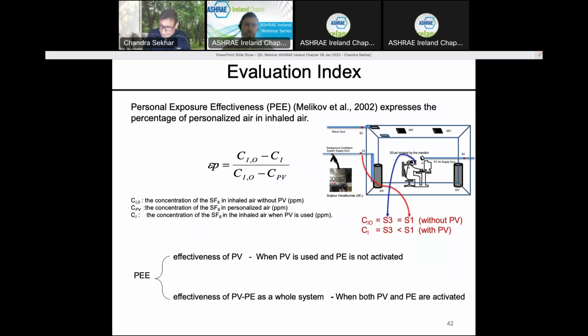So I will not go through the details of this expression here, enough to say that there's something that we determine called the personal exposure effectiveness. And there are only three parameters. We measure what the person is breathing in, in this case. And this particular objective here was to see that by using the personalized ventilation and combining with the exhaust, can I ensure that the clean air always comes toward me?